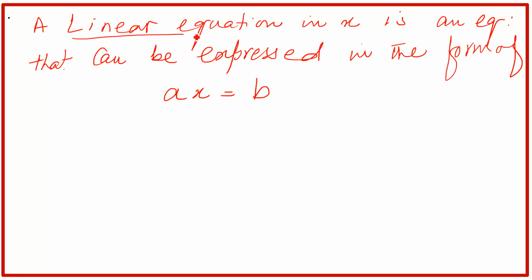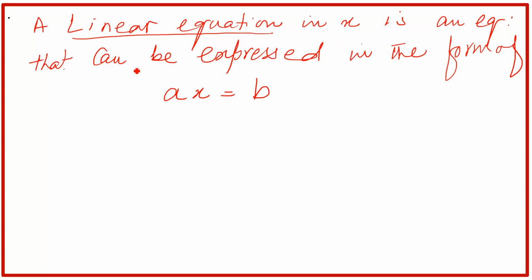This is the linear equation. Linear equation in x. If I say linear equation in y, you have to write ay equal to b. If I say linear equation in z, you have to write az equal to b. Simply you have to find the value of the variable.